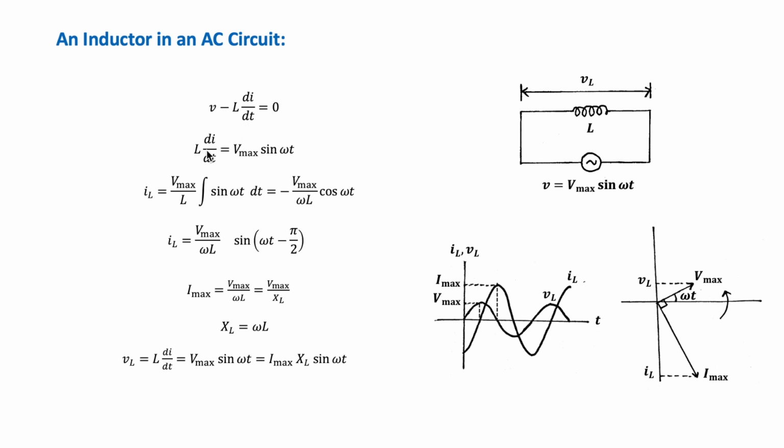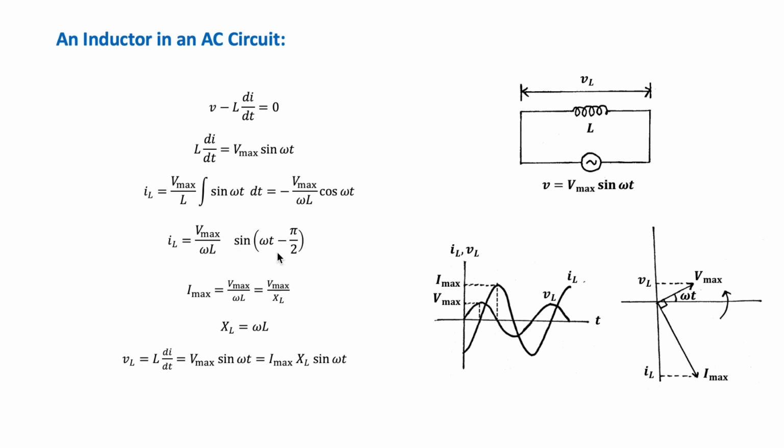And so L di over dt is equal to V max sine omega t. If we integrate for the current, I L is equal to minus V max over omega L cosine omega t, which is equal to V max over omega L times sine of omega t minus pi over 2.